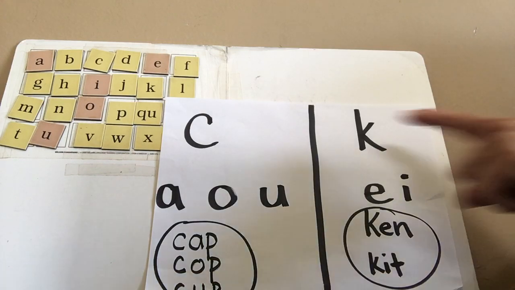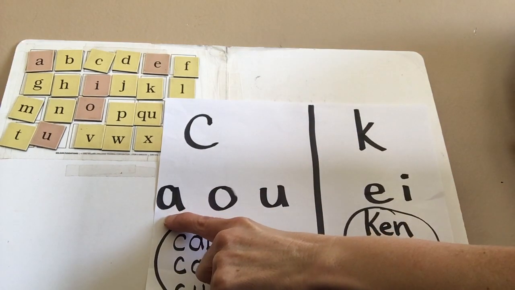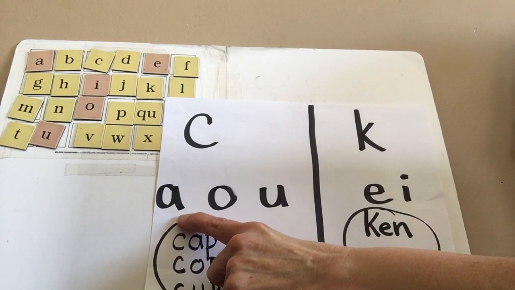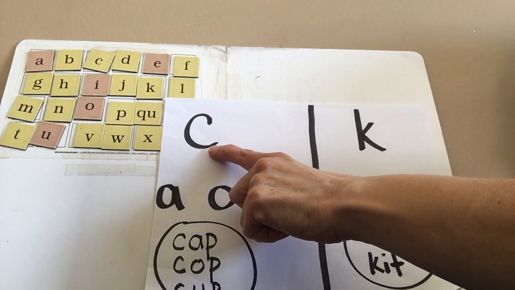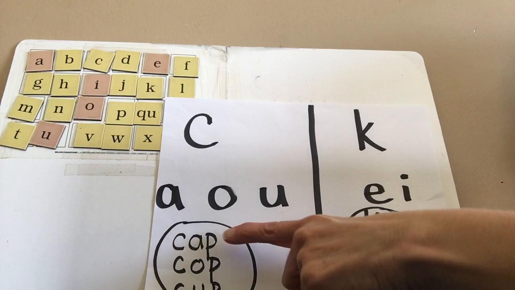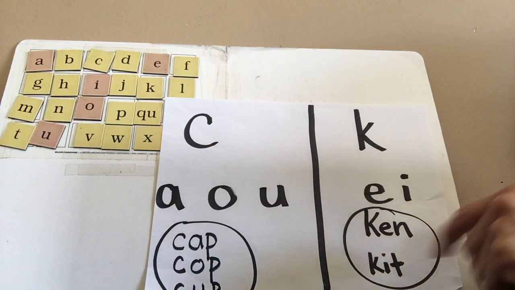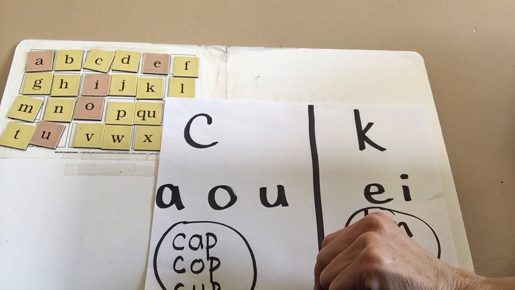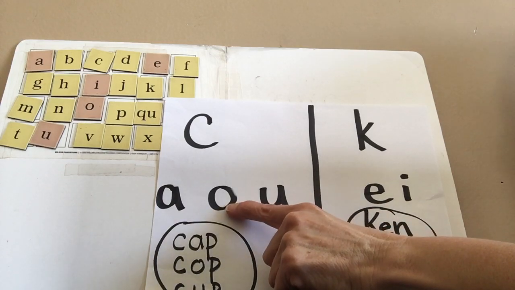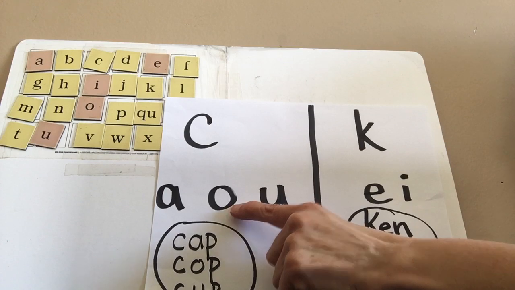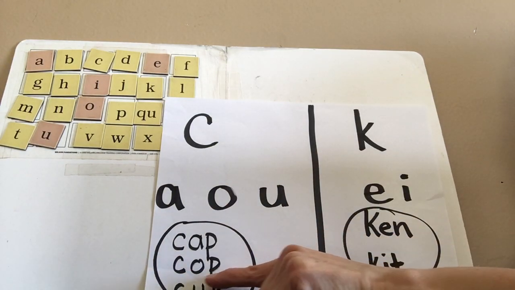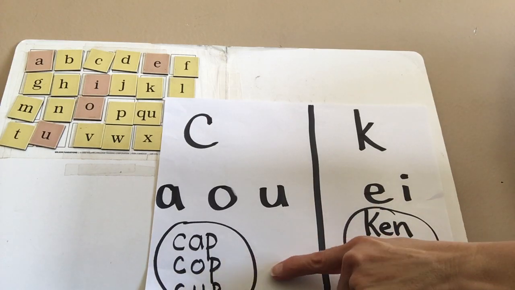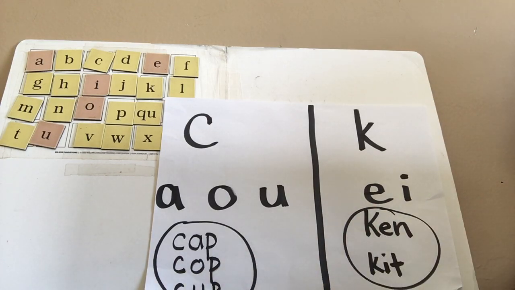For the letter C, whenever you hear long A, which is ay, or short A, which is ah, you're going to begin with the C when it goes K, as in cap. Another example that I didn't write would be cape. Whenever you hear short U or short O, or you hear long O, you're going to begin with C. The example here is op, short O. I didn't write the long vowel example, which would be cope.